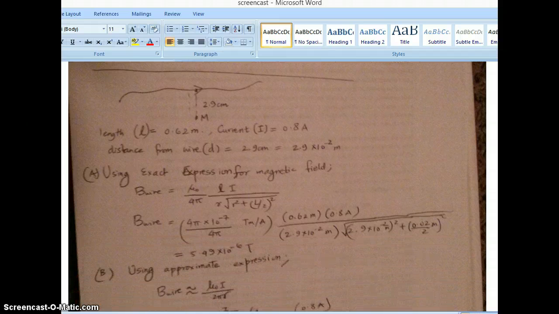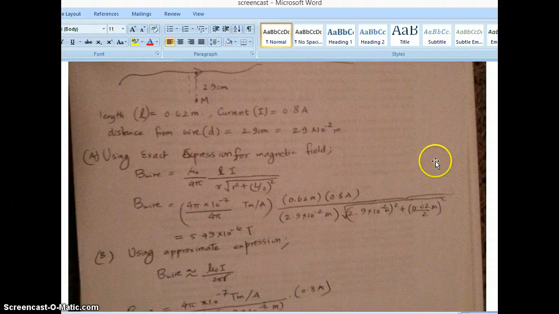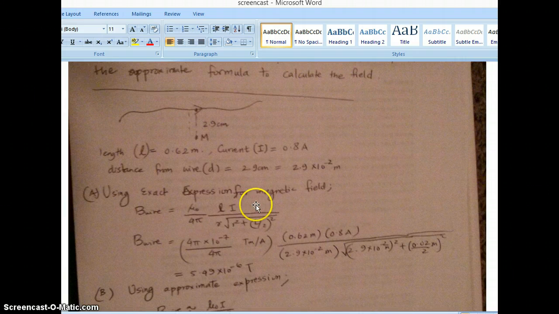For the first part I'm going to use the formula: electric field due to wire equals mu naught over 4 pi times the current I times the length L of the wire, over r, which is the distance of the wire from the point M where we want to find the electric field. For this question, this r is actually d, the distance from the wire, which is 2.9 centimeters.